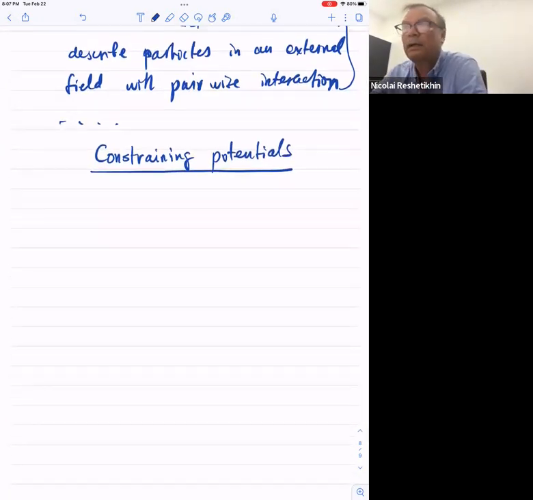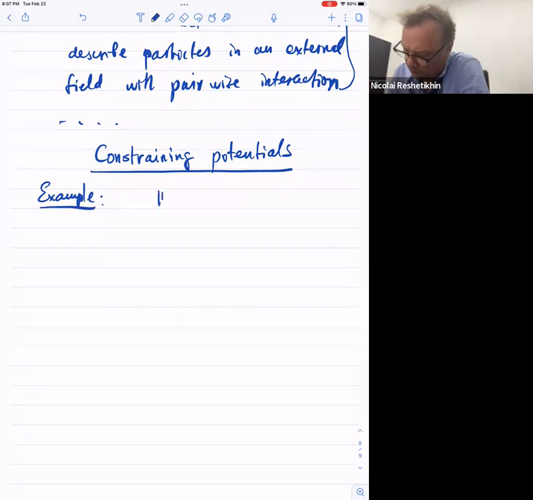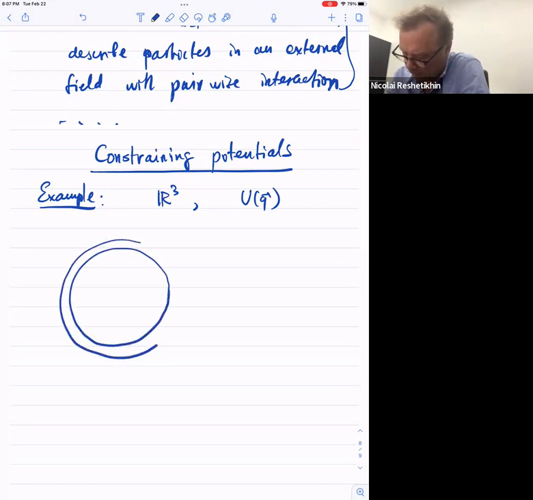Let's consider an example. We have R3, and we have a potential that's a real-valued function on R3, and assume that it's spherically invariant. And it's like a deep well in the radial direction.